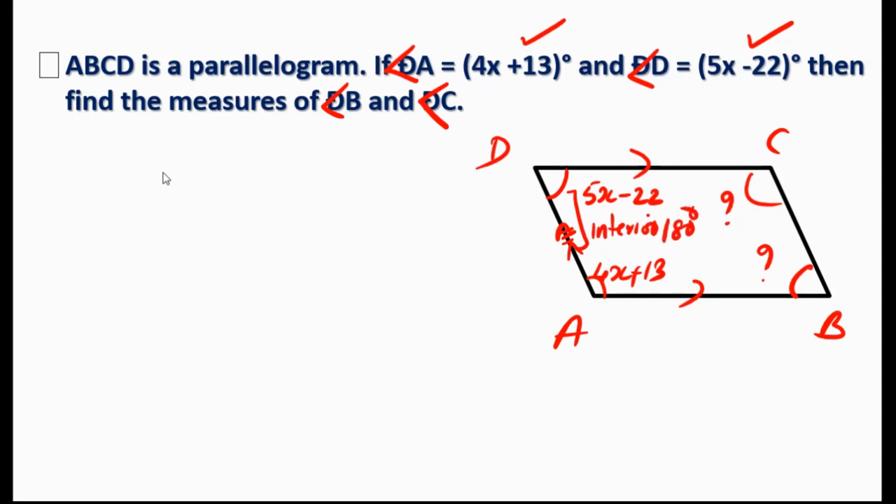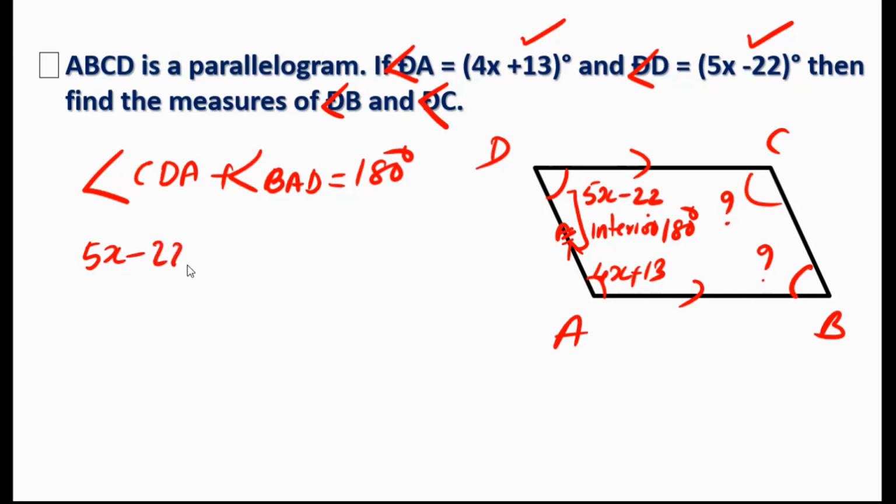So we will say very simply without wasting time, angle CDA and angle BAD must be equal to 180 degree. So what is given, in place of CDA, 5x minus 22 plus 4x plus 13 must be equal to 180.